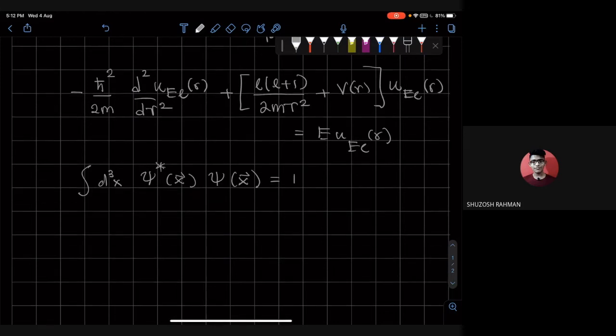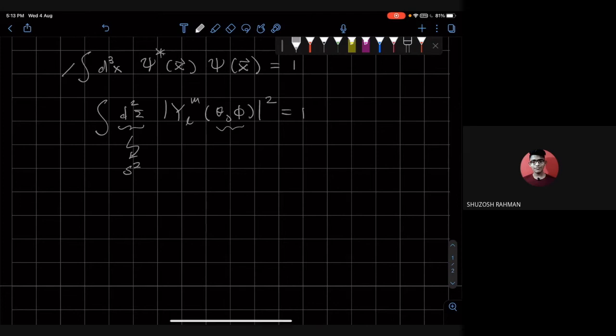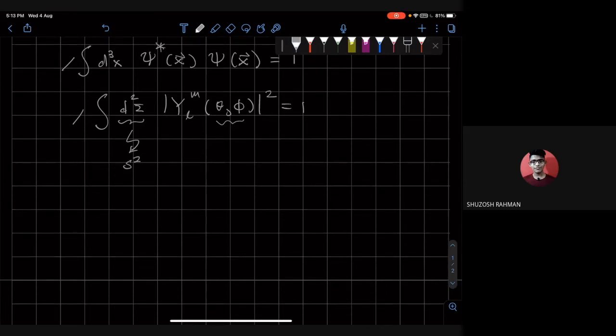But we've also seen that the angular part, the measure on a sphere, if I do Y_Lm, which depends on the natural variables on a sphere, squared, that equals 1. So for these to be consistent, the radial part of the wave function must also give me an integral of 1.